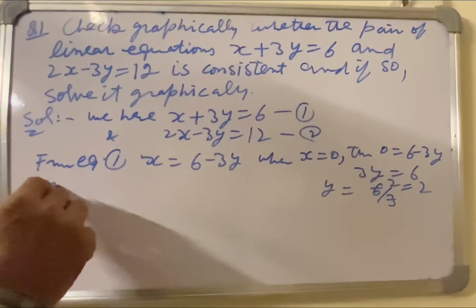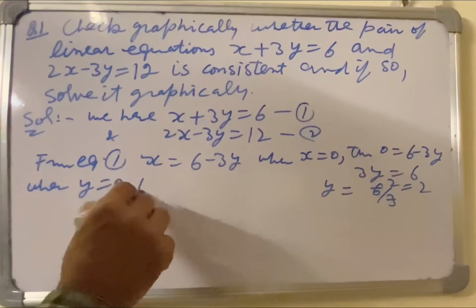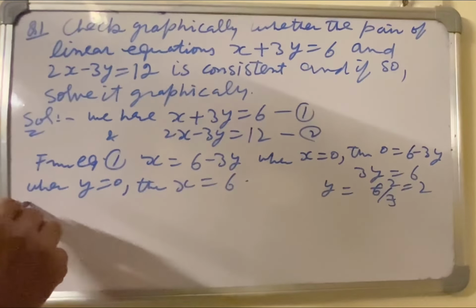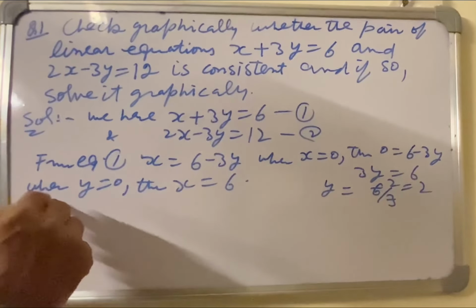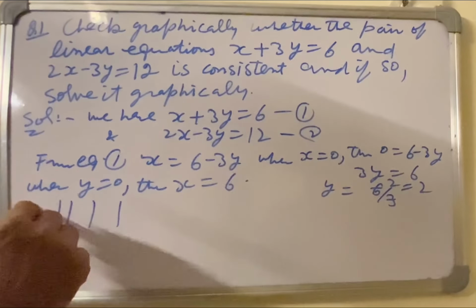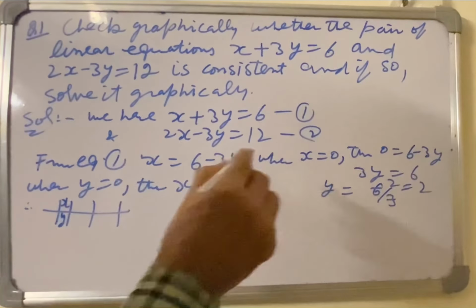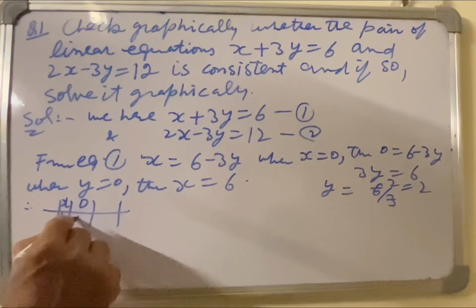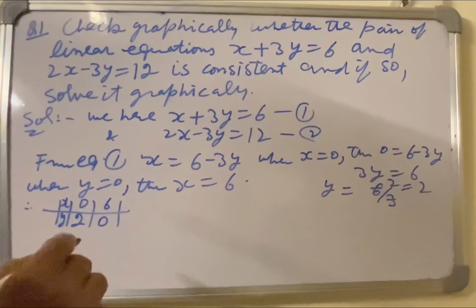When y is equal to 0, then x is equal to 6. Therefore, the set of solutions for equation 1 is, when x is 0, then y is 2, and when y is 0, x is 6.